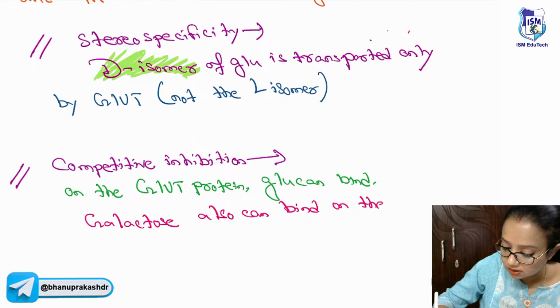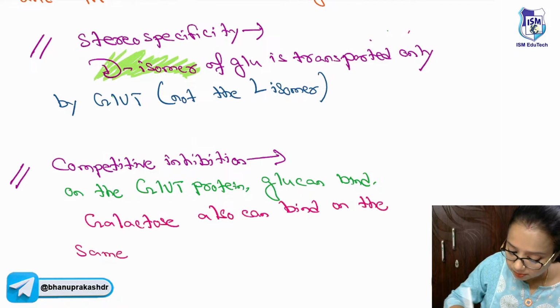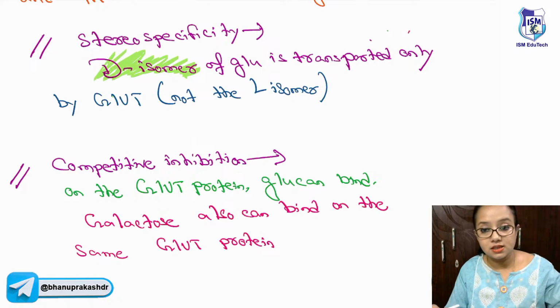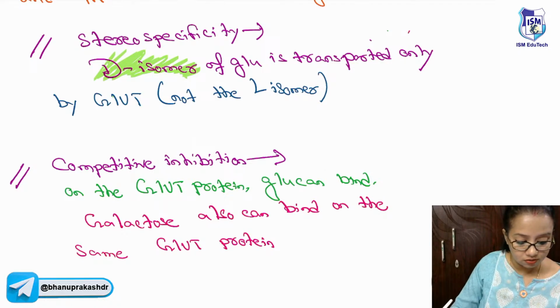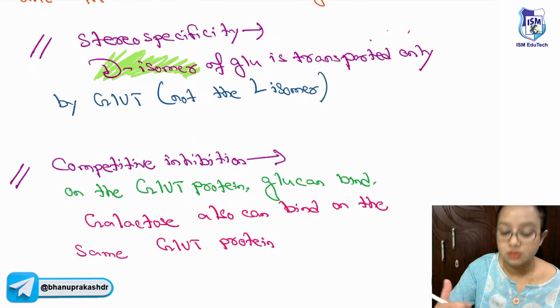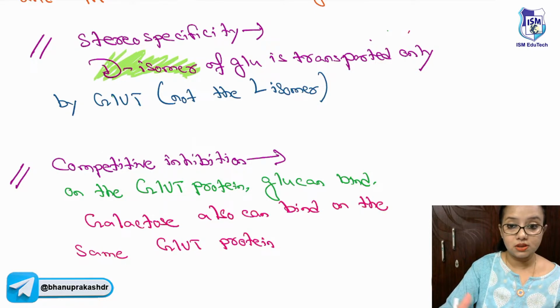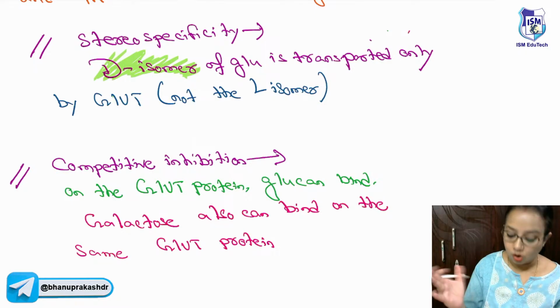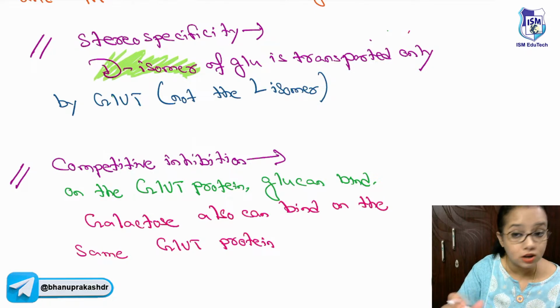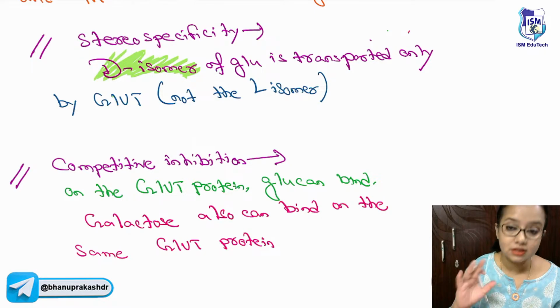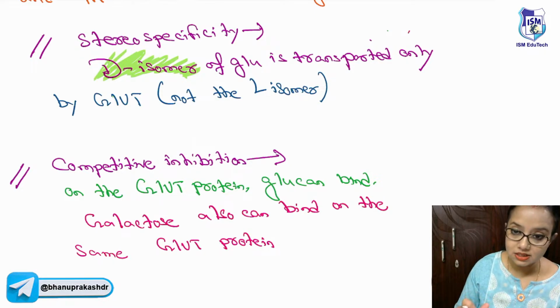Now, if the concentration of this galactose happens to be more than that of the glucose, then what will happen? Obviously, the galactose will not let the glucose bind. So, this is another determining factor of the facilitated diffusion.